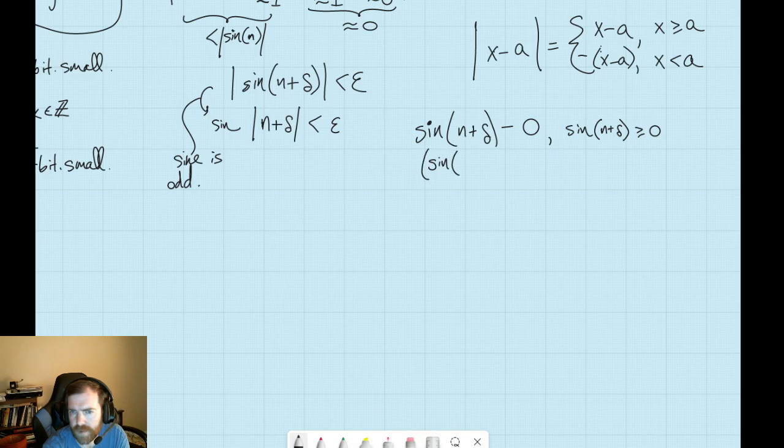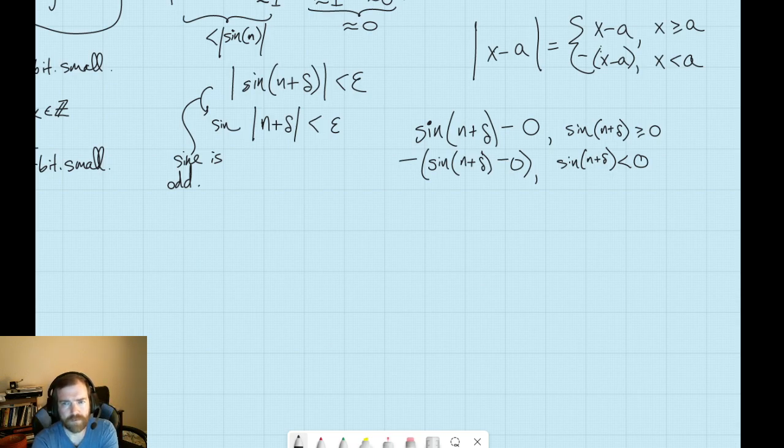And negative parentheses sine of n plus delta minus 0 when sine of n plus delta is less than 0. Yeah. Well, okay, so that doesn't quite work.